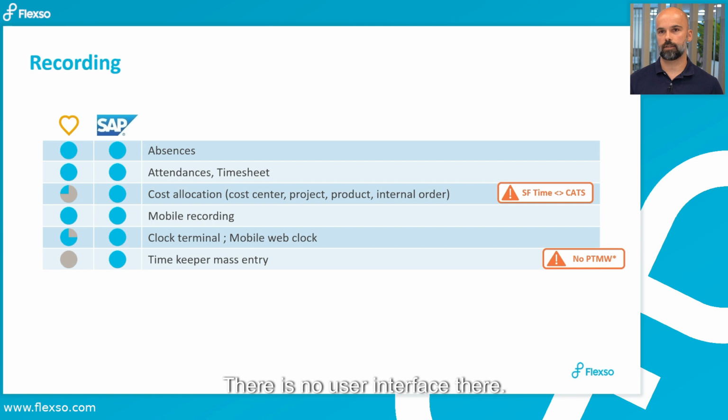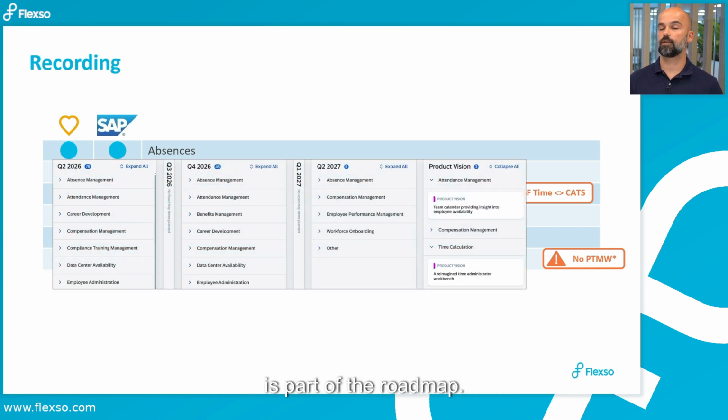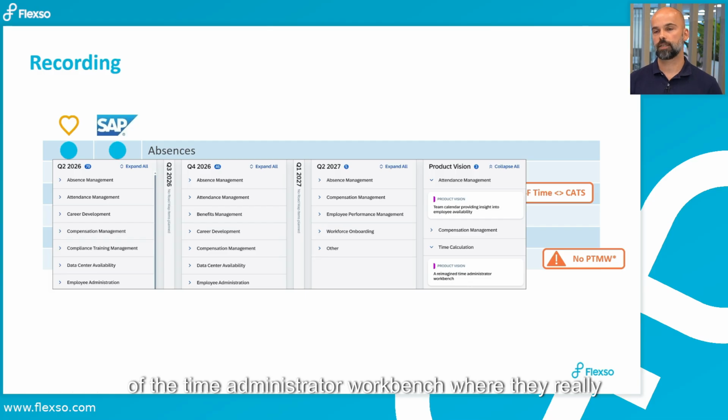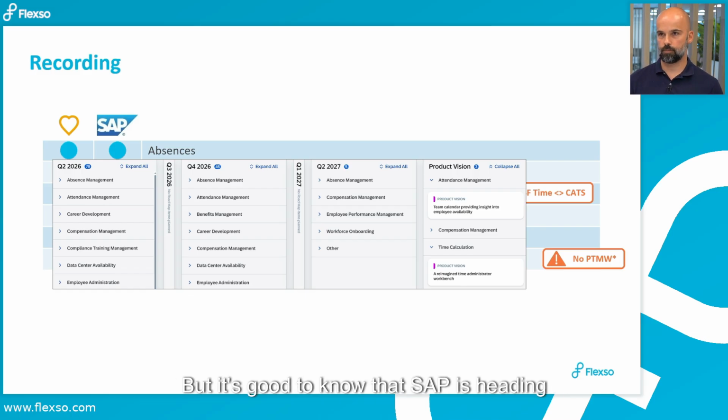There is no user interface there. What is good to know, however, is that it is part of the roadmap, part of the product vision, that SAP is working on a reimagining of the time administrator workbench, where they really want to have managing a group of employees as part of the solution. But that is still vision, so that's beyond 2027, but it's good to know that SAP is heading in that direction at least.